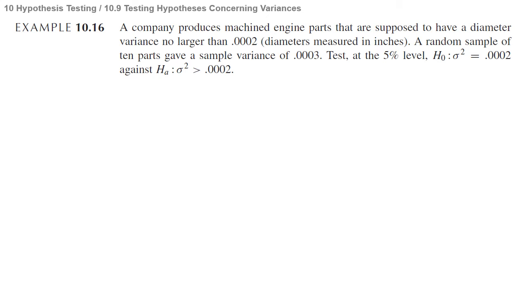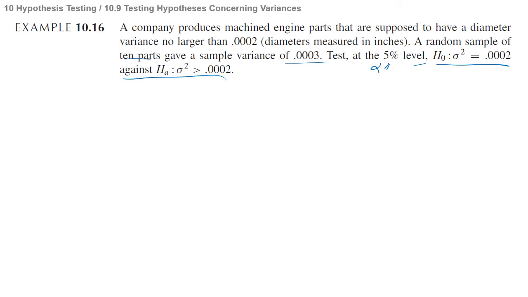Let's move on to example 10.16. A company produces machined engine parts that are supposed to have a diameter variance no larger than 0.0002. A random sample of 10 parts gave a sample variance of 0.0003. Test at the 5% level, which is alpha. This is our step 1, define the hypothesis.